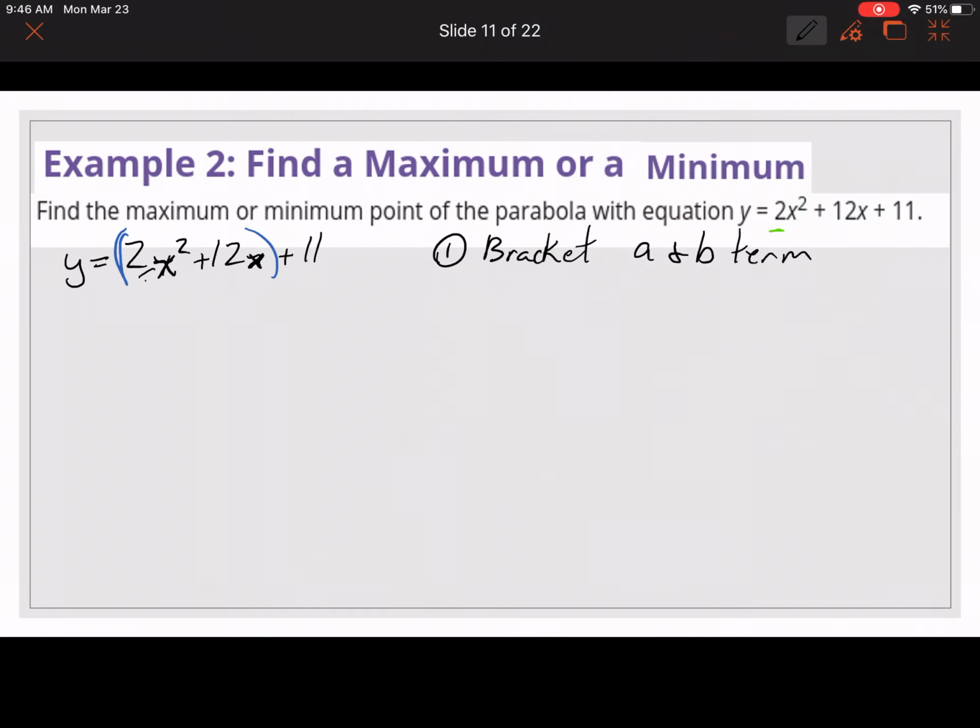So I'm going to divide both terms by 2 to factor it out and put it in front of the bracket, same as I've done in a whole bunch of different styles. So now that 12 becomes a 6, that 2 becomes a 1. We've divided both terms by 2. The 2 is on the outside of the bracket.